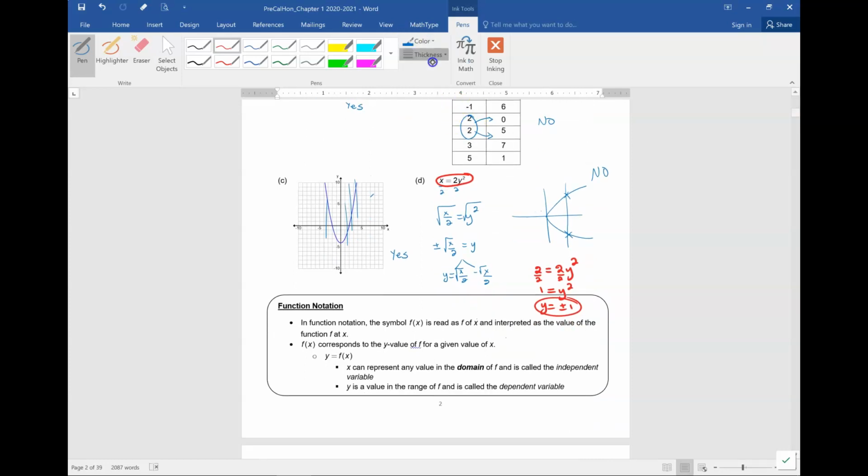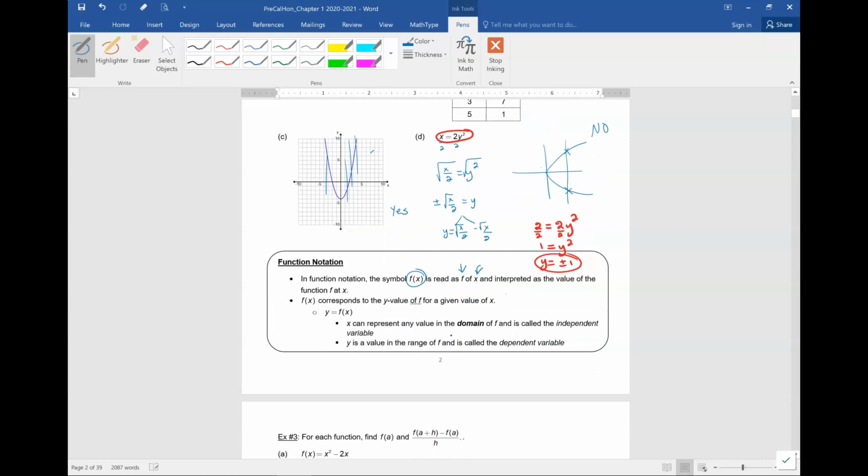Okay, let's go to function notation. I know you remember this from Algebra 2. f of x is function notation. This tells you the name of the function is f, and that the independent variable used in the function is x.